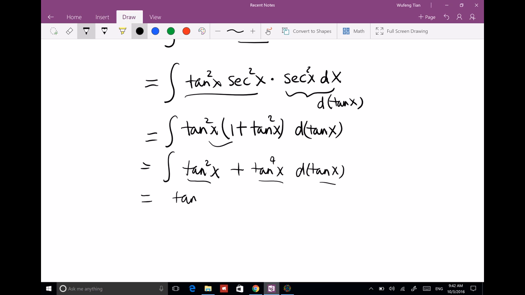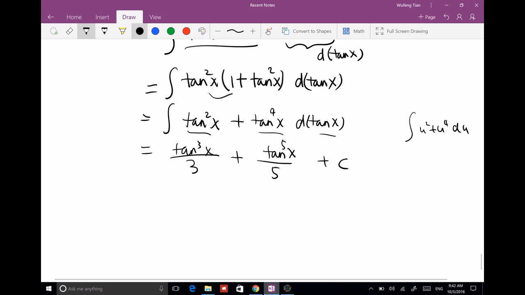It's tangent x cubed over 3 plus tangent x to the 5th over 5 plus c. I skipped a little bit in here. You can do u equals tangent x, so it's u squared plus u to the 4 du. That part you can skip. That'd be okay with you, right? You do u cubed over 3 plus u to the 5th over 5. So that's not a big problem.